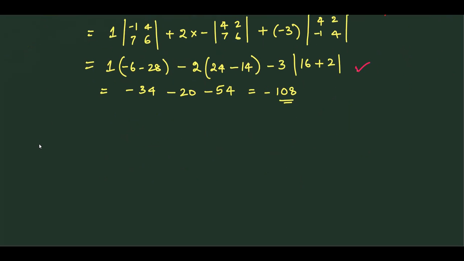I'll purposely put some zeros. So determinant A is 2 0 4 0. Purposely I'm putting zeros. Otherwise it will be very difficult to evaluate.